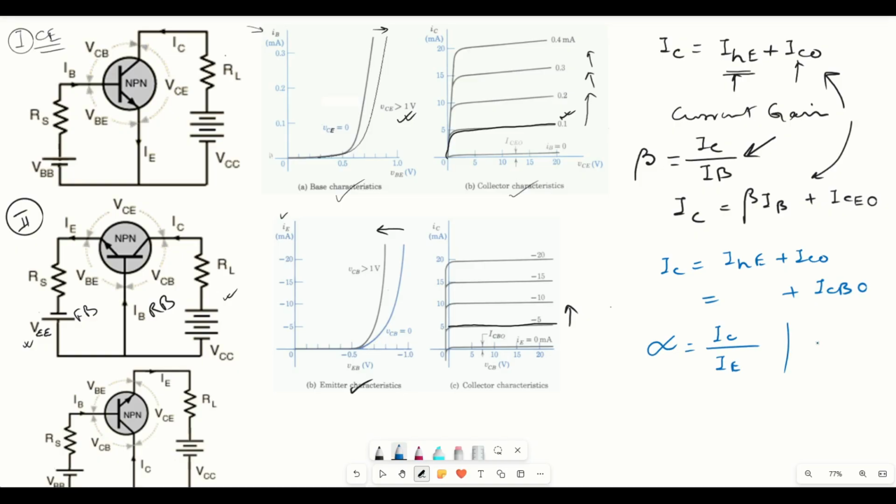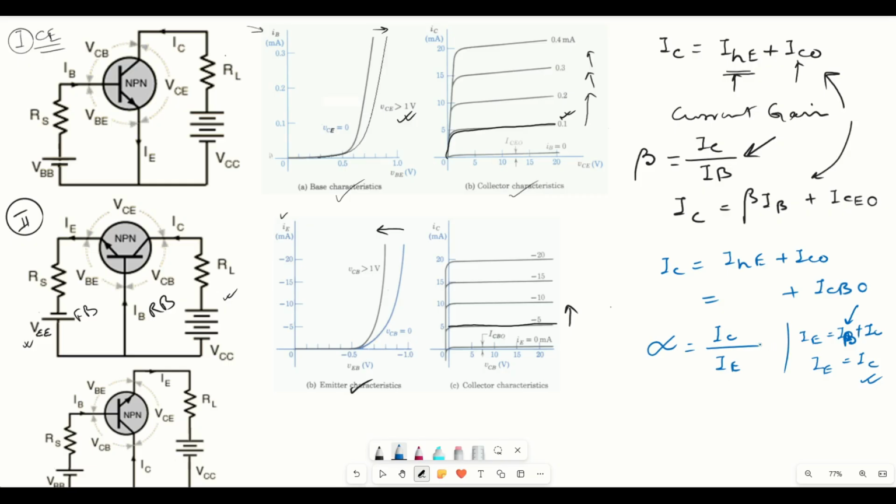But as we know, IE current equals IB plus IC. Now IE equals IC if IB is 0. So that means this current will be equal to IE only when IB is 0.